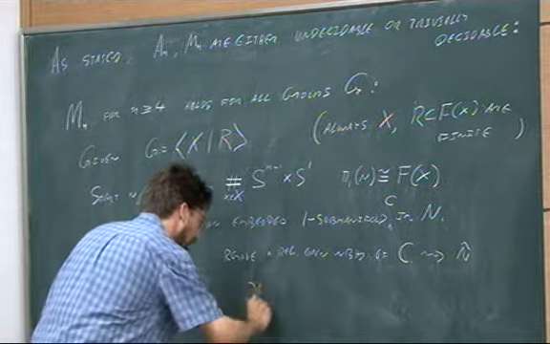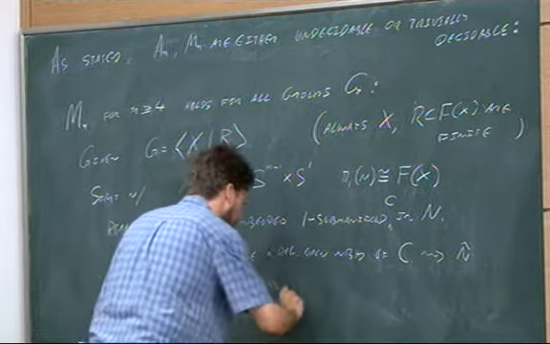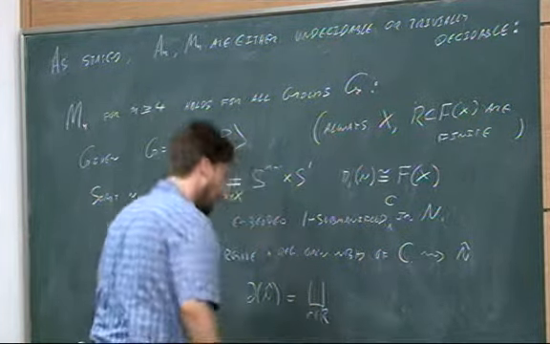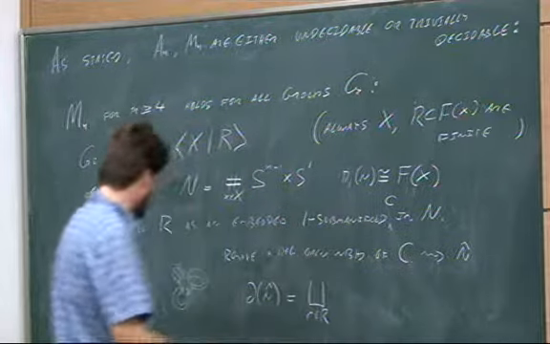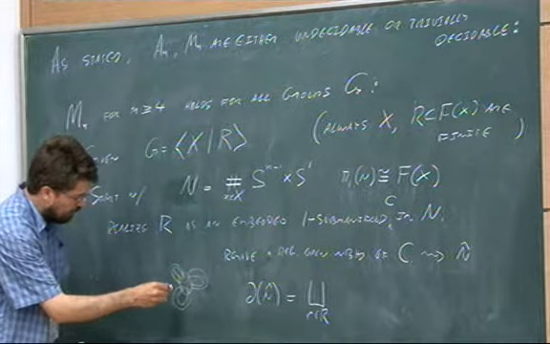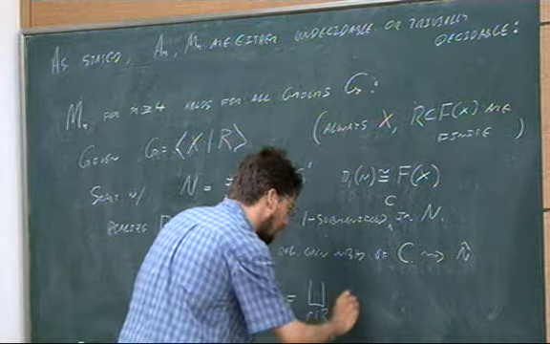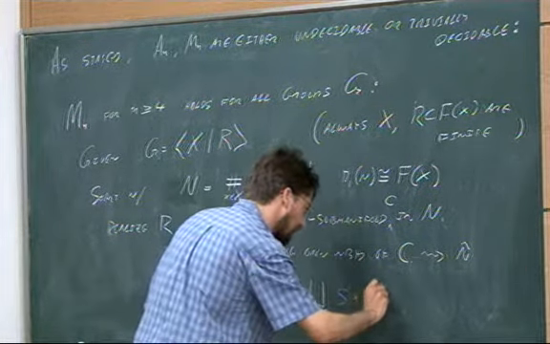So the boundary of N hat is a disjoint union over r in R of S^1 times S^(n-2).